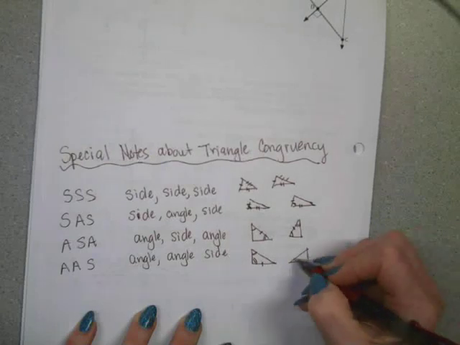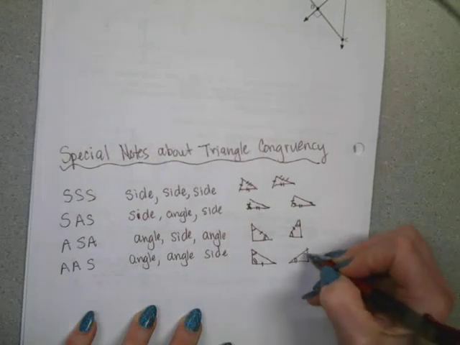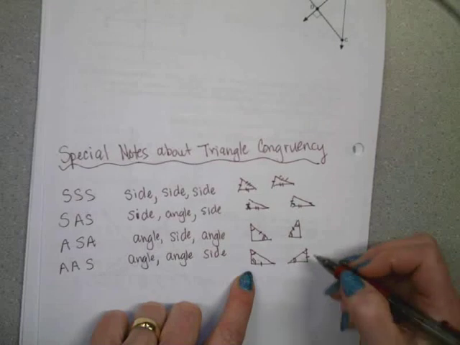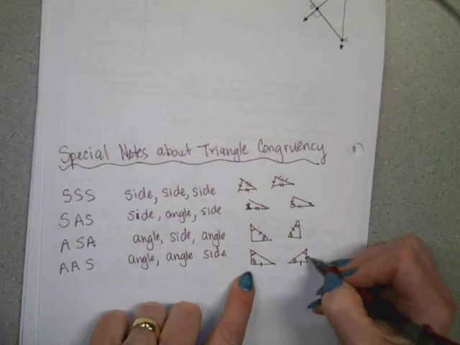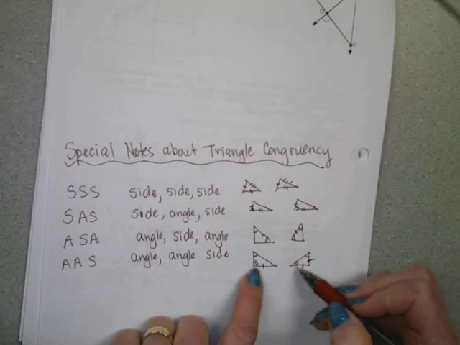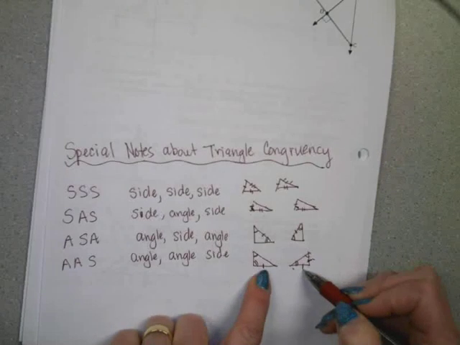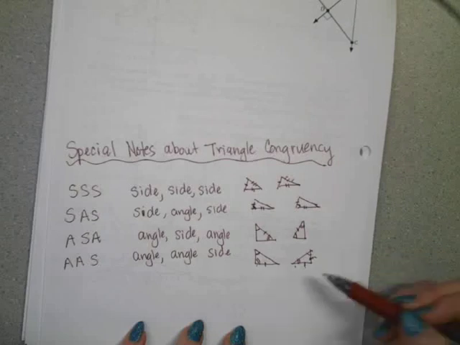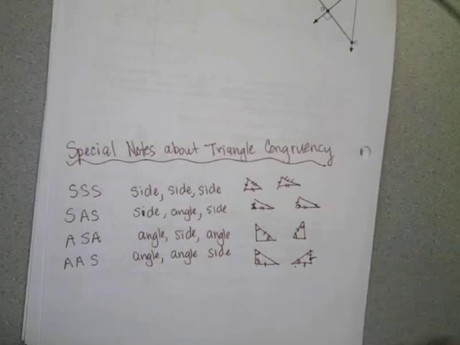Or I could say this angle, even though it doesn't look like it, and this side. Oops, I drew it wrong. This one would have to be right here. So angle, angle, and then the side that's attached to the double angle there would be it. Or you can go backwards, side, angle, angle.